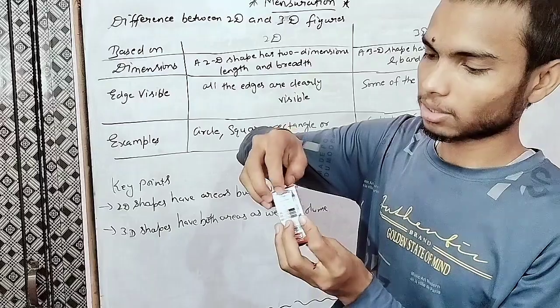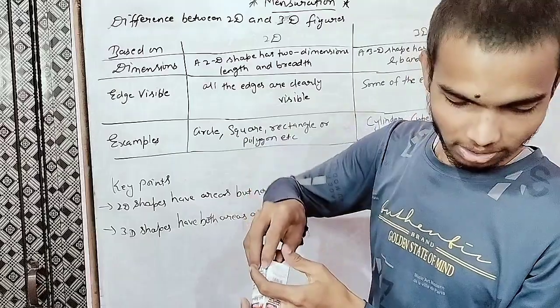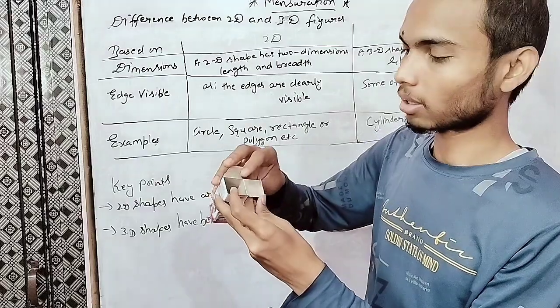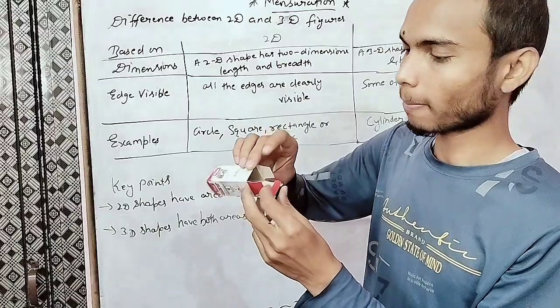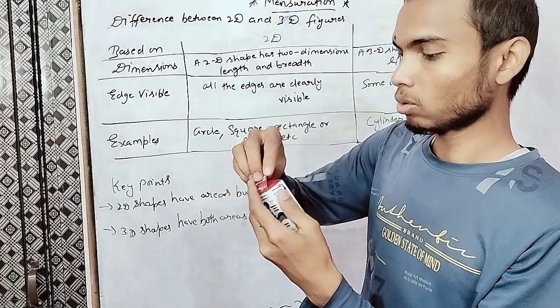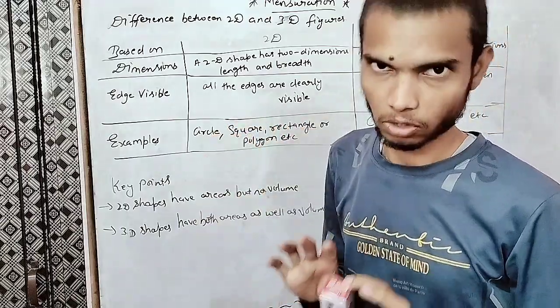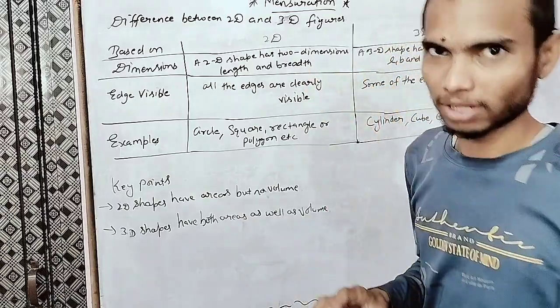Of course, in this box there was ink for the marker. So this is a space. We can put anything in this box. So we understood that a 3D shape will have a space, but a 2D shape will not have a space.